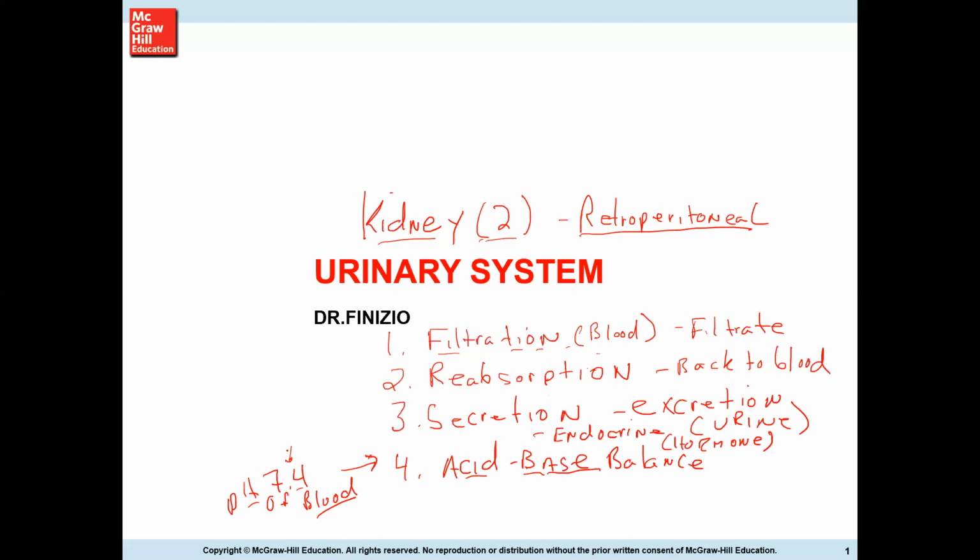If it's below 7.4, it's acidosis. But the kidneys and the lungs, the urinary system and the respiratory system, work together to maintain a compensatory range of 7.35 to 7.45. So that's just a compensatory range, which is acceptable, but really this is where you want the blood to be at as far as pH.